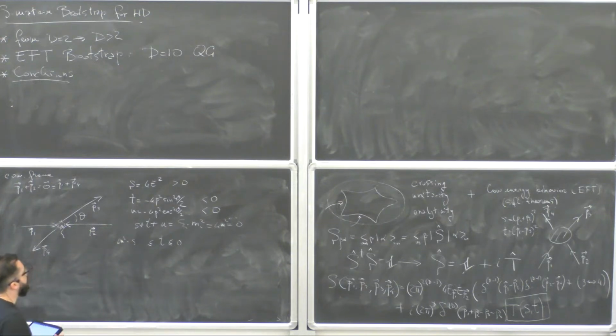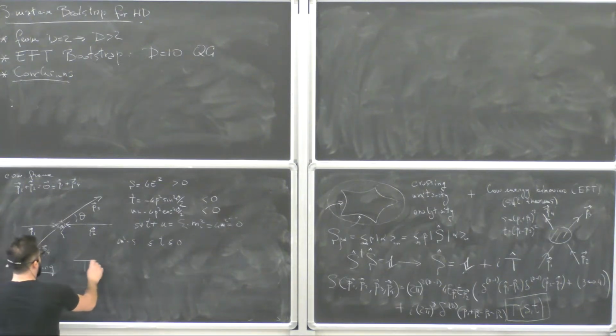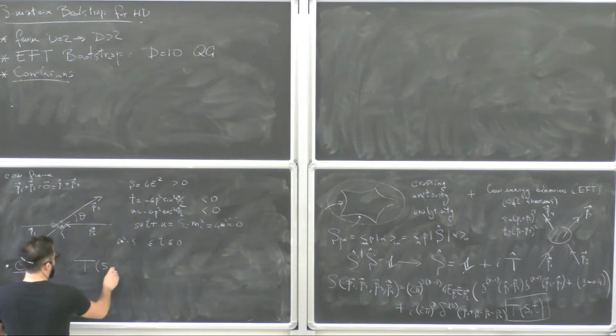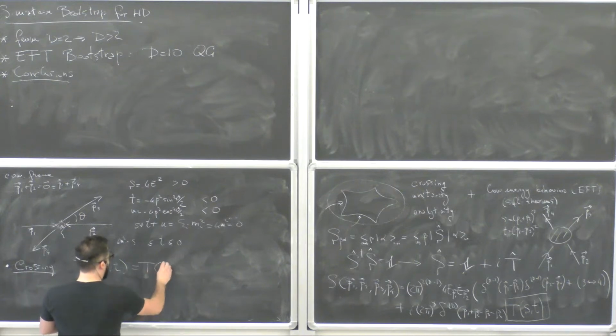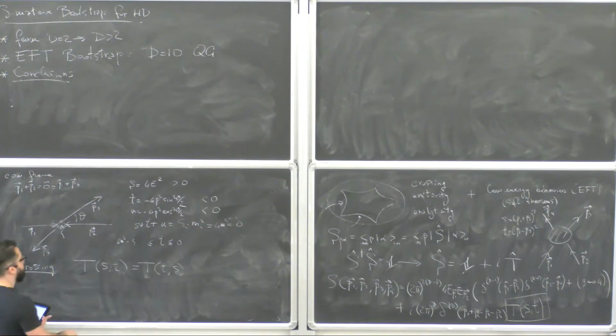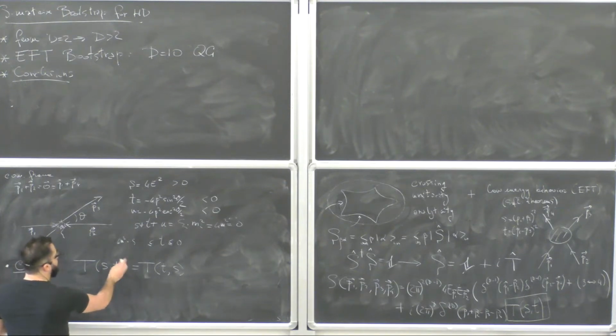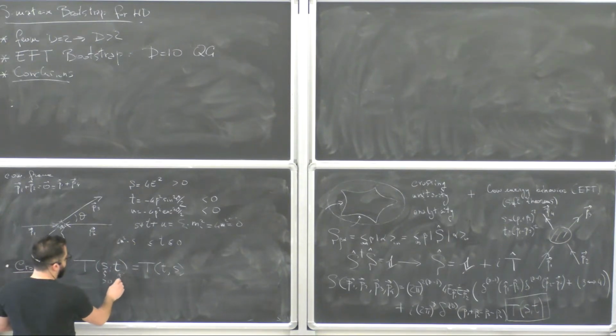Okay, so now that we know the kinematics, the first property that I want to address is crossing. Crossing is just the fact that if I take this amplitude as a function of S and T, it must be equal to the function of T and S. What I really mean by this is an analytic continuation, in the sense that in this entry there is a variable that is positive, in this entry a variable that is negative.